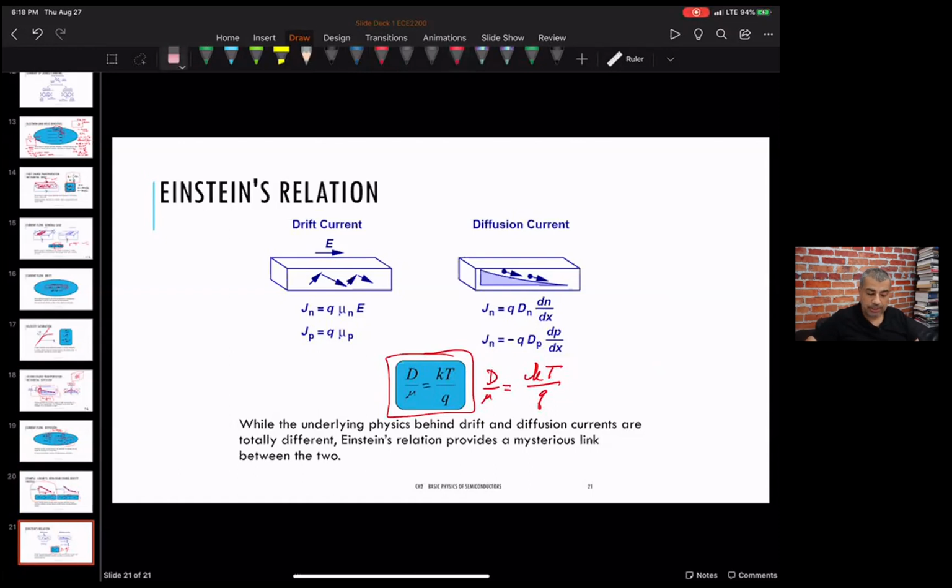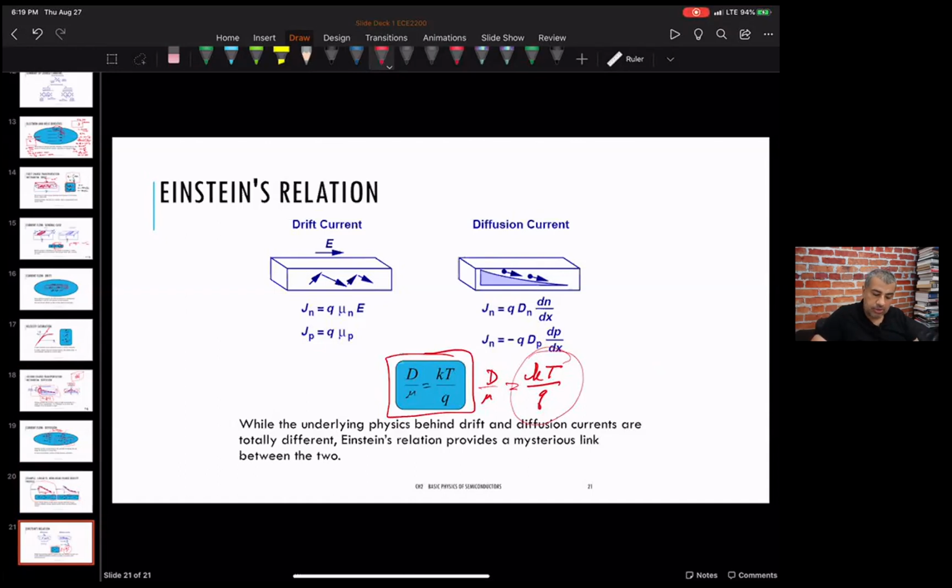How interesting. The reason I mention this is because this factor, kT over q, will show up in our current equations. And a really good number to remember is kT over q at room temperature.